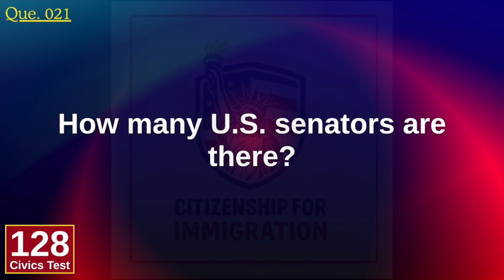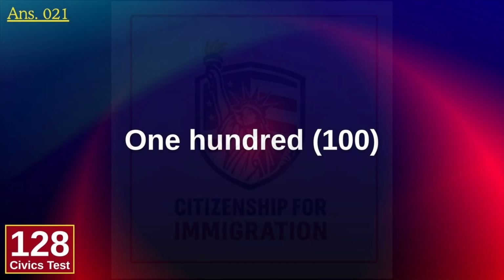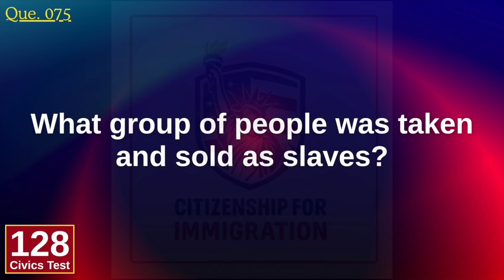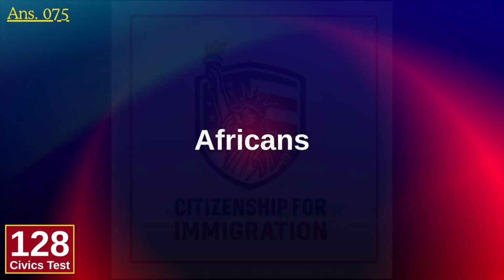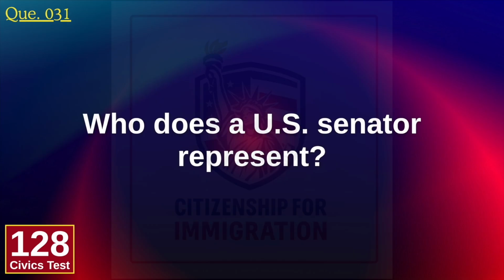How many U.S. senators are there? One hundred. What group of people was taken and sold as slaves? Africans. Who does a U.S. senator represent?